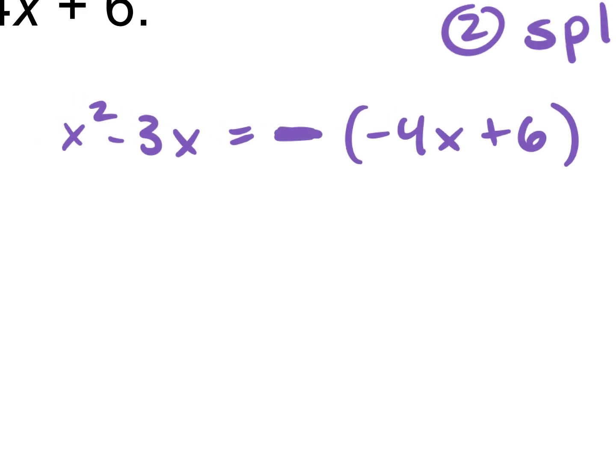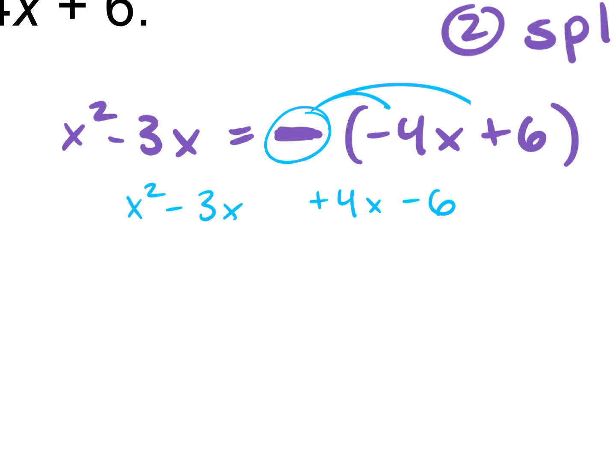So we split it and made it negative. What should we do first here to solve? Before we do that, we got to distribute the negative. So this becomes positive 4x and minus 6. So then we can subtract 4x to move it to the other side and add 6.